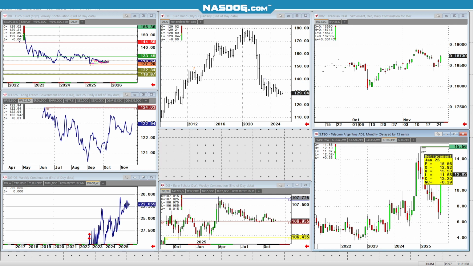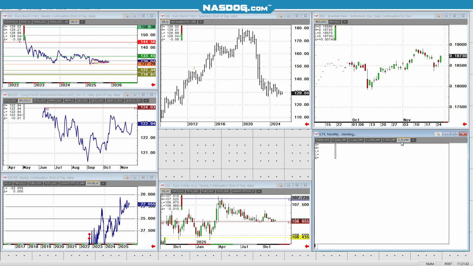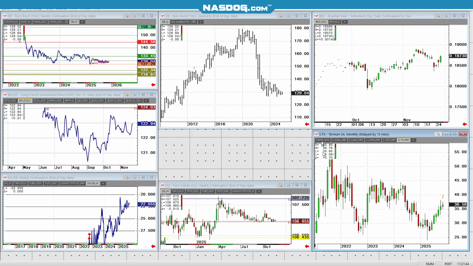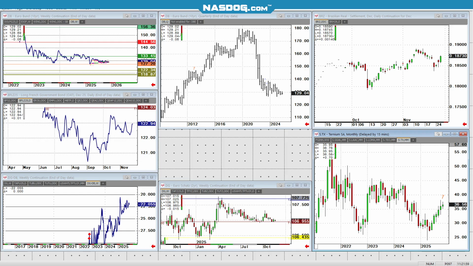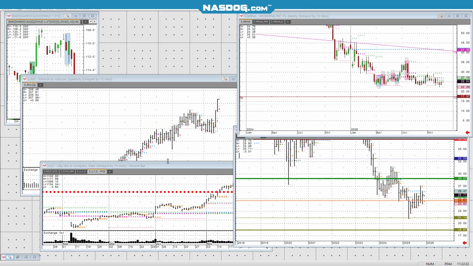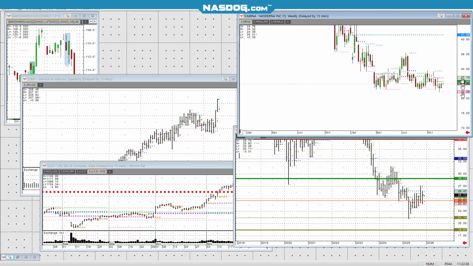High tick, low tick, 1331. Then look at this one. Oh, okay, hang on a second. We've seen this before. Terrarium. Is this the commodity one? I remember this stock from before. Anyway.